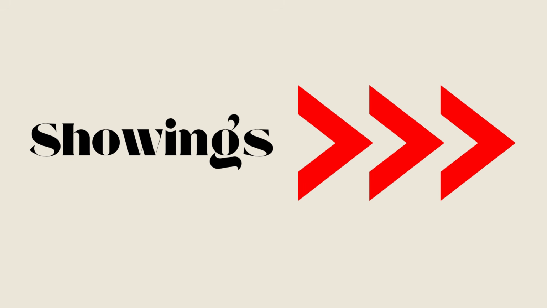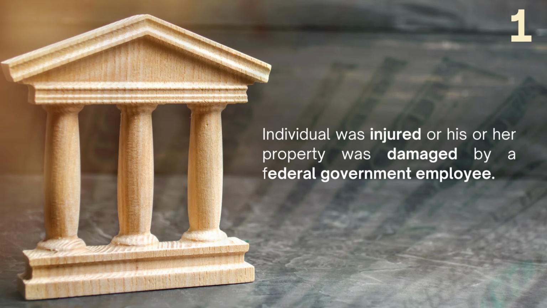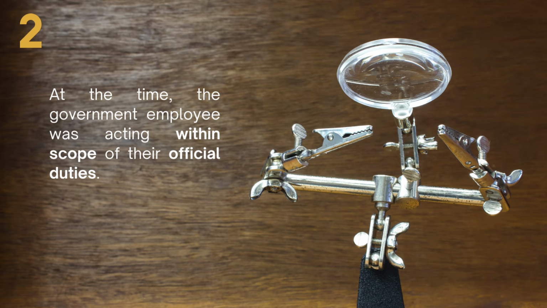Number one, the individual must show that he or she was injured, or the property was damaged, by a federal government employee. Two, that at the time the government employee was acting within the scope of their official duties.